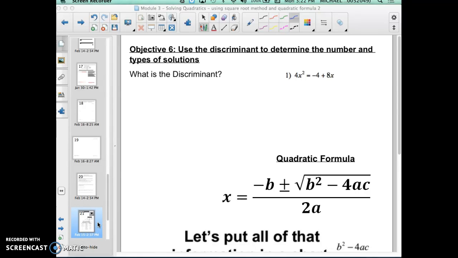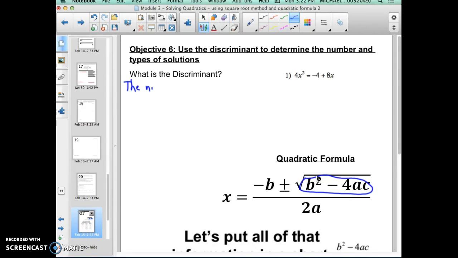Alright, so to begin, what is the discriminant? The discriminant exists underneath the radical of the quadratic formula. So it is the number you get when you simplify the b squared minus 4ac part of the quadratic formula.